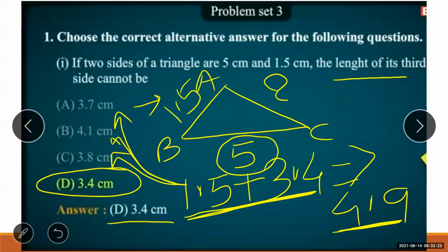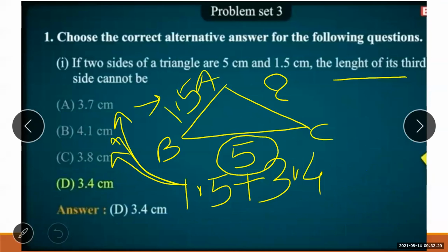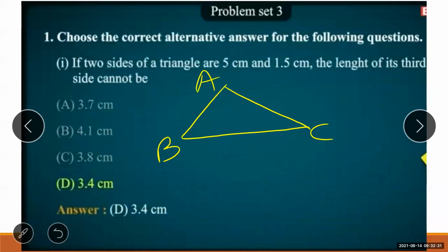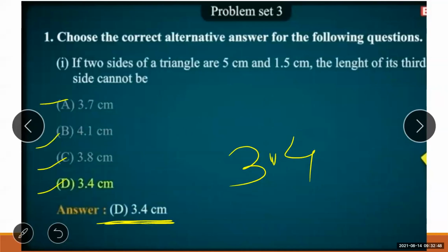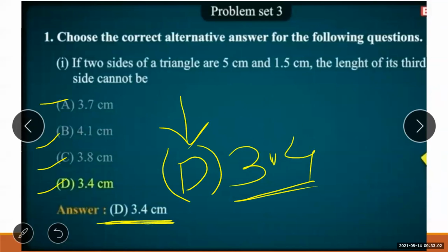So that is the answer for this MCQ. Just don't write 3.4. You have to write the correct option, and options are marked as A, B, C, D. So it is very necessary to write that option D is your choice. This is very required.